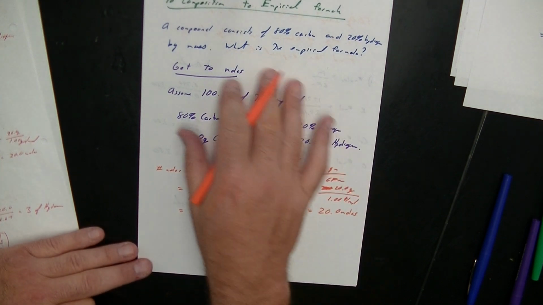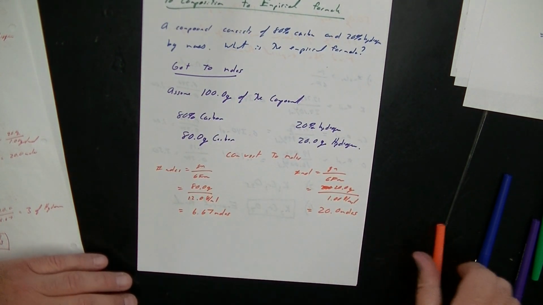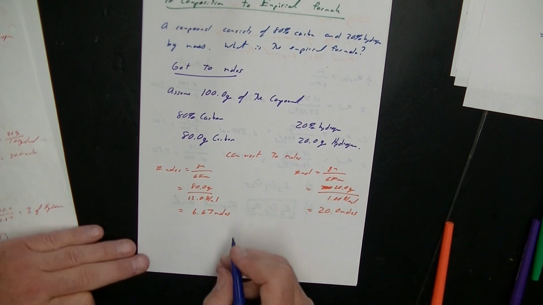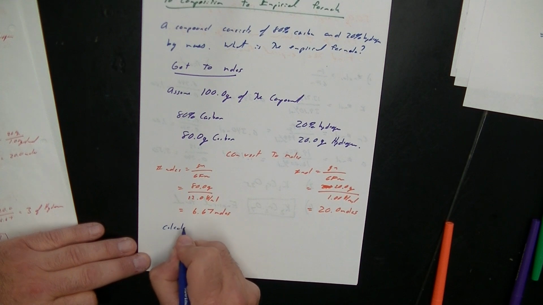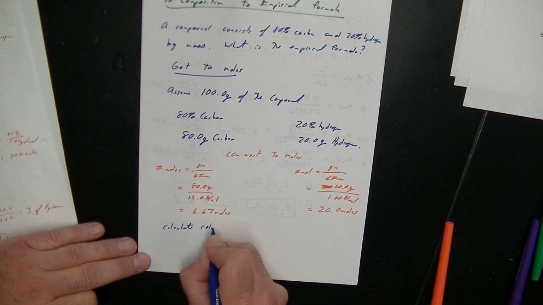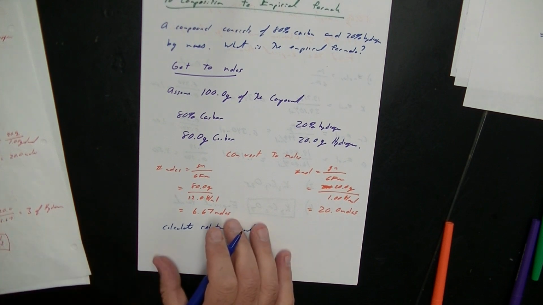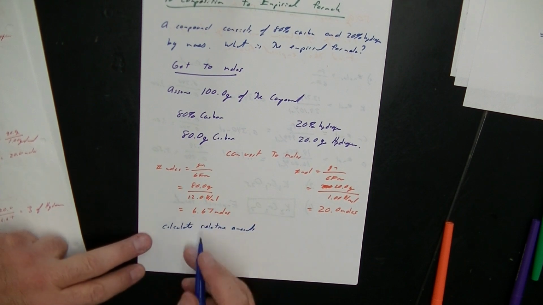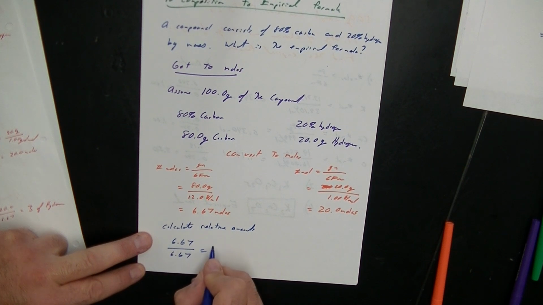Now we're going to do the same thing that we did before. Now that we're here, we're going to divide the big by the little. We want to calculate relative numbers, amounts. For this one, we're going to take 6.67 divided by 6.67, and we get 1.